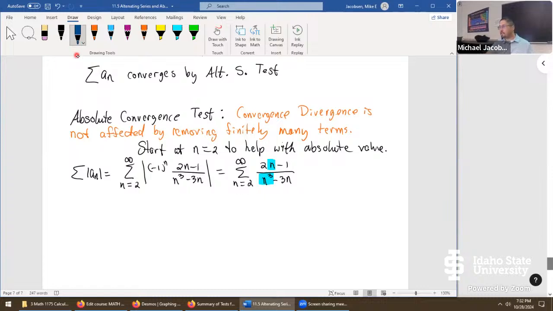So this suggests let summation Bn be equal to the summation as n goes from 1 to infinity of n over n cubed, which is the summation as n goes from 1 to infinity of 1 over n squared. That's kind of a nice series. This is a p series.